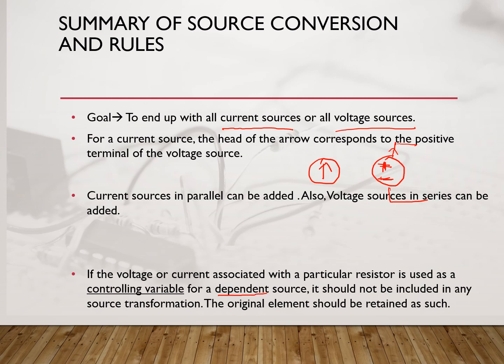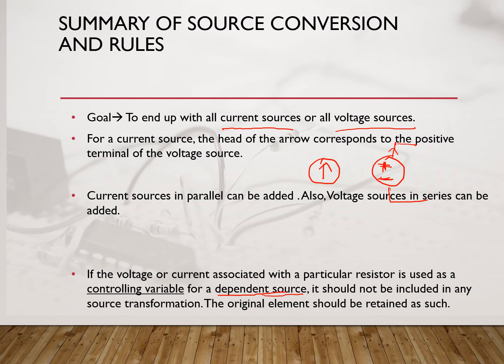We had spoken about dependent sources. Dependent sources depend upon some other voltage or current in the circuit. So if the voltage or current associated with a particular resistor is used as a controlling variable, then it cannot be included in a source transformation.